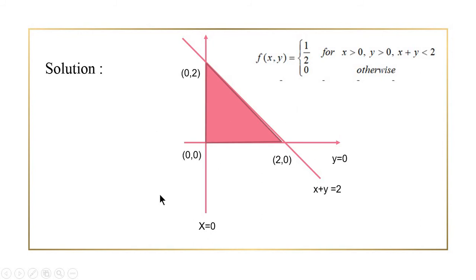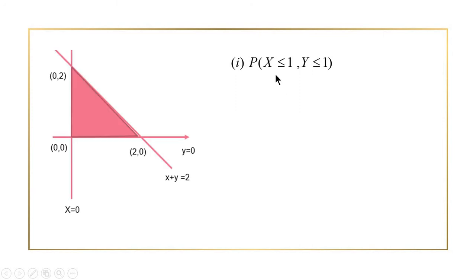Now, this is our base region where f of x y is 1 by 2. Now, we have to integrate this and find the probability considering the base region. For that, you have to draw this region where the value of x is also less than 1 and the value of y is also less than 1. And this is our line x equal to 1.